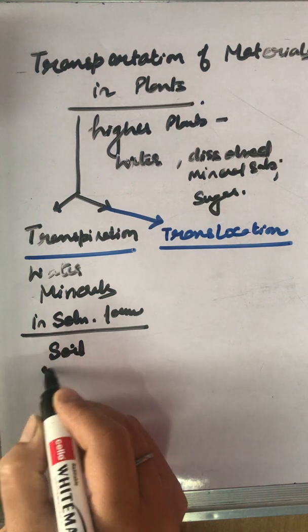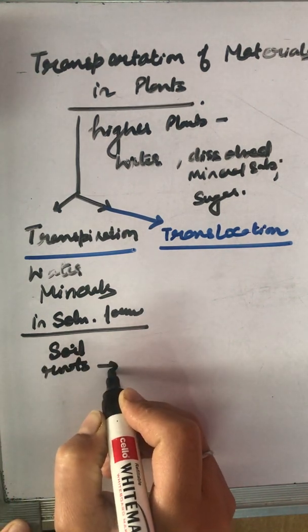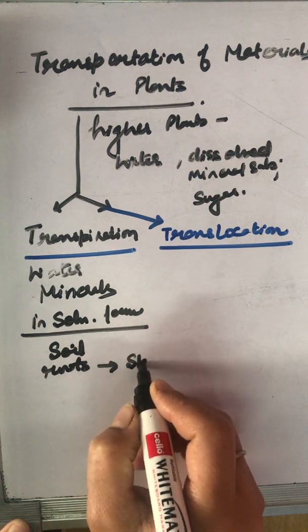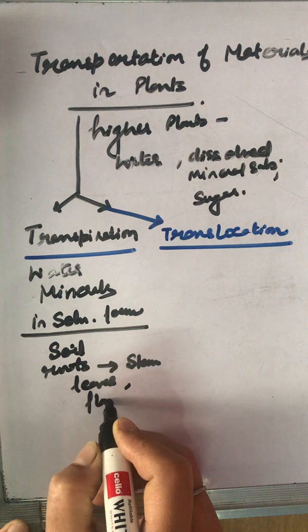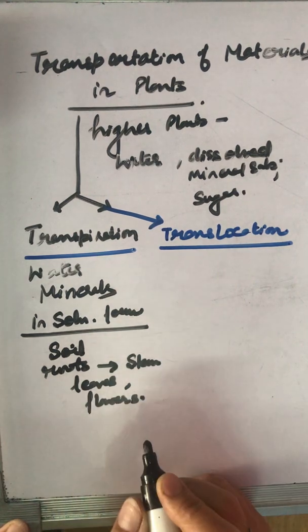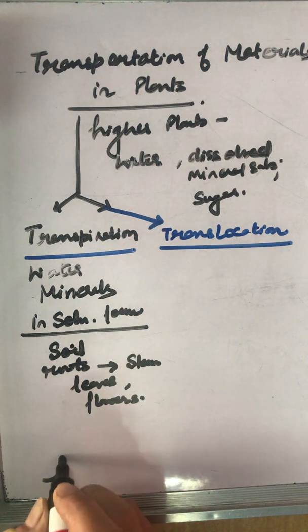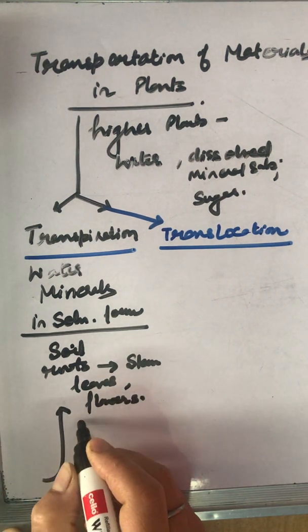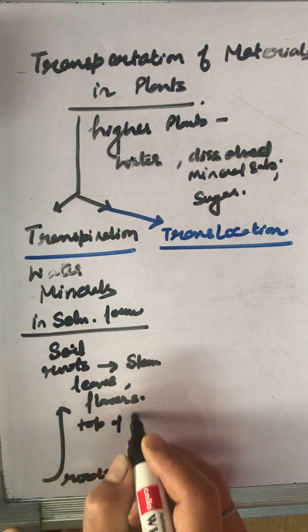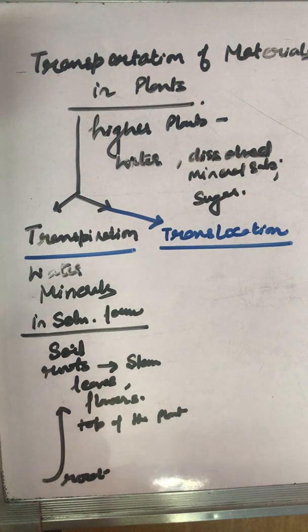With the help of roots. And transported where? To all the parts of the plant like stem, leaves, flowers. So this upward movement of water with the dissolved minerals from the root towards the top of the plant is known as ascent of sap.